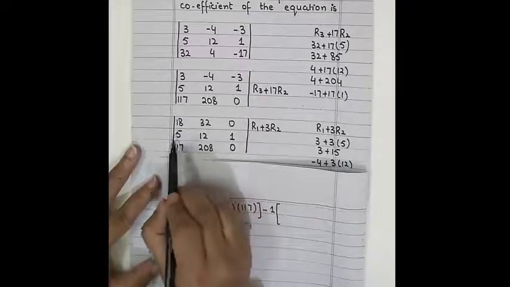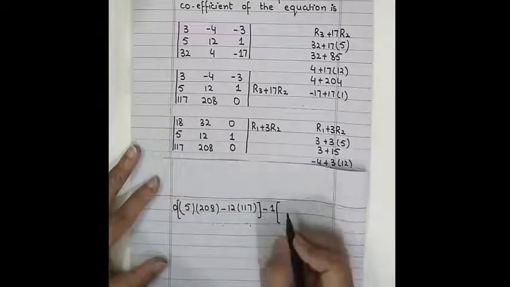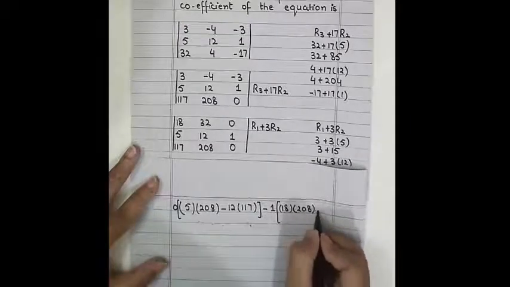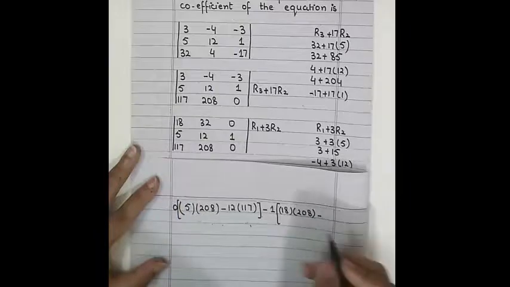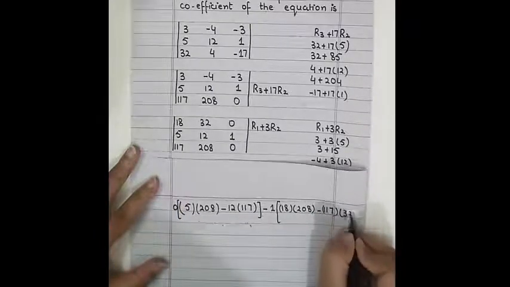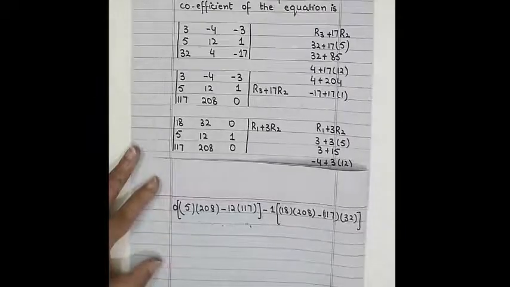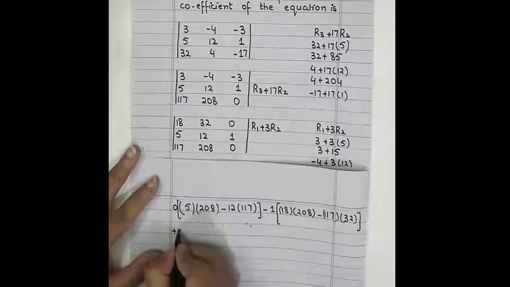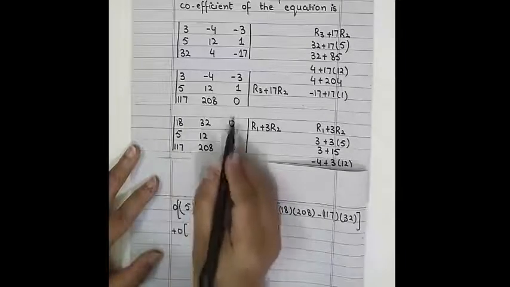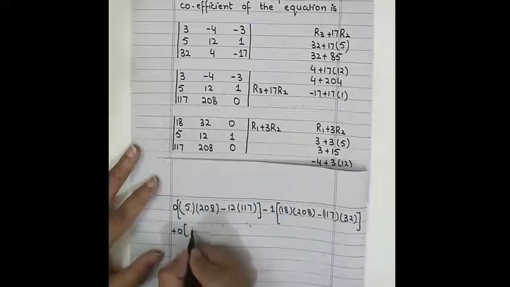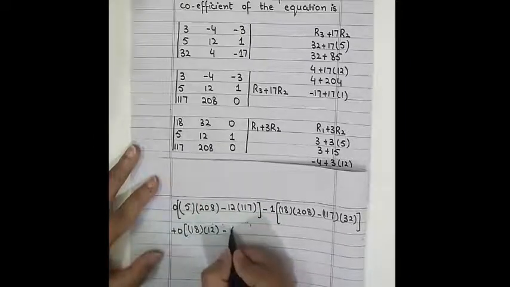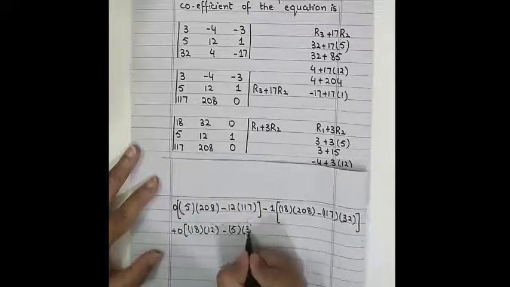So we have 18 multiplied by 208 minus 117 multiplied by 32, right? Plus we have 0. Now we will ignore this row and this column. So we have 18 multiplied by 12 minus 5 into 32.